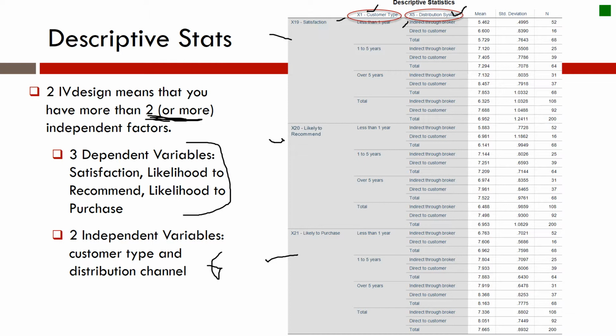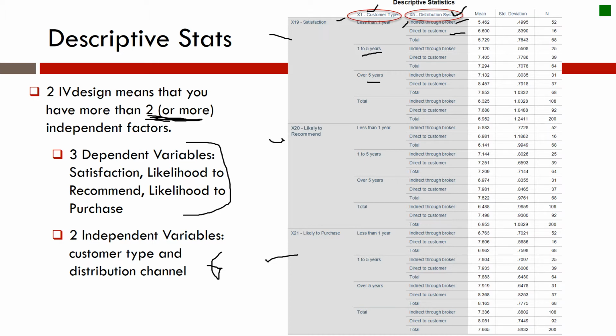So we have customers with us less than a year who bought through a broker, and customers who've been with us less than a year who bought directly from us. Then we have the same two distribution system customers for those who have been with us from 1 to 5 years, and also for those who have been with us for more than 5 years.